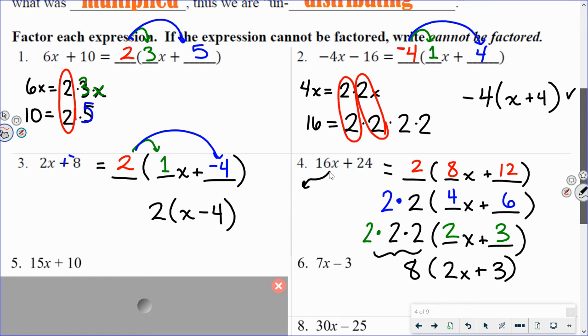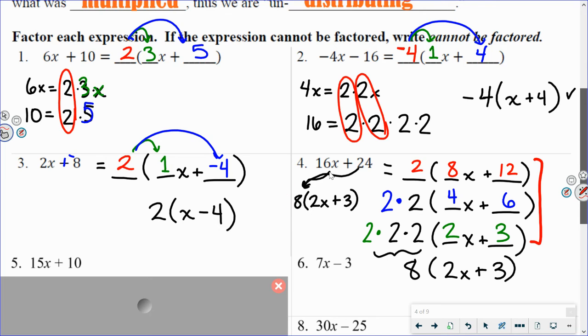You could have pulled 8 from both 16x and 24. 8 sets of 2x is 16x, 8 sets of 3 is 24. And ladies and gents, that is the benefit of being able to identify the greatest common factor. It can save you all these steps, and you can go straight to the final answer.